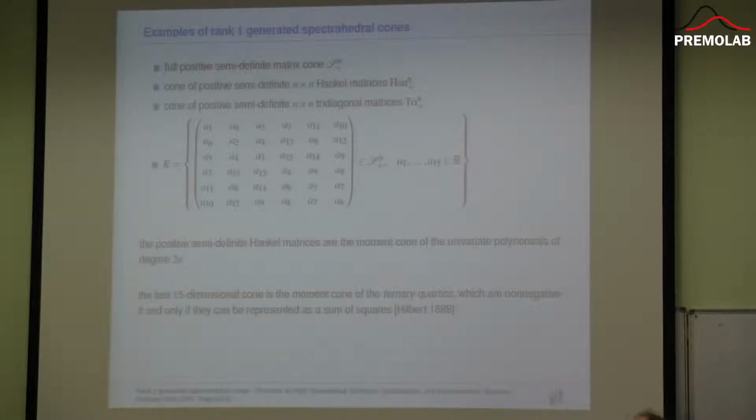This is equivalent to the fact that homogeneous polynomials of degree 4 in 3 variables are sums of squares if they are non-negative. And we will see in the course of the talk that one can construct a lot of other examples of such cones. So the class of these favorable cones is actually not that small.